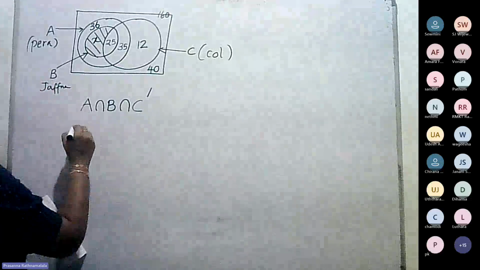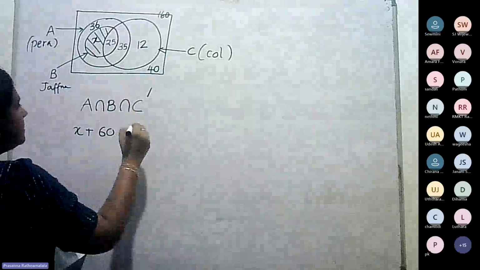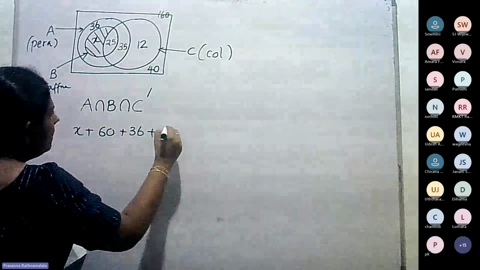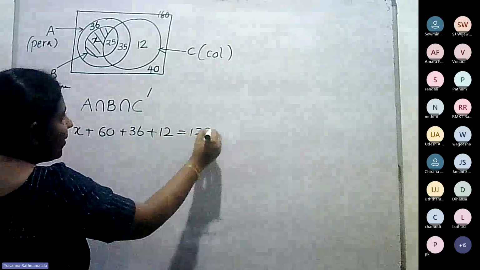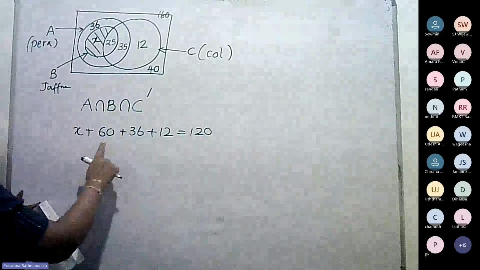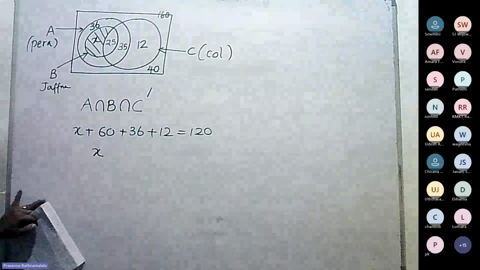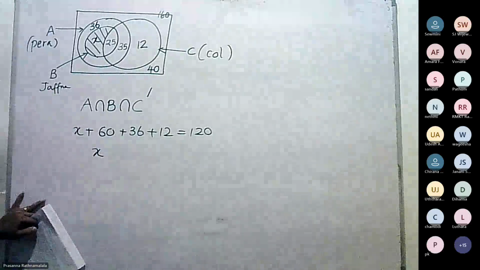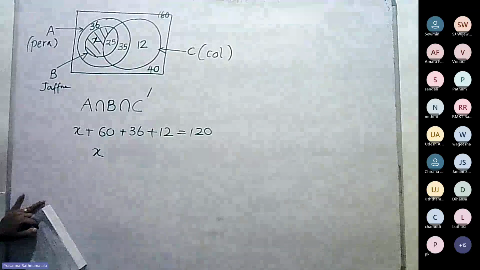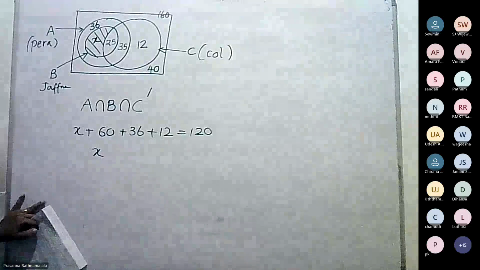Then what is that? X plus 60 plus 36 plus 12 equals 120. All these values should equal 120.